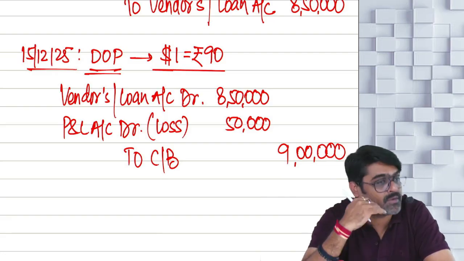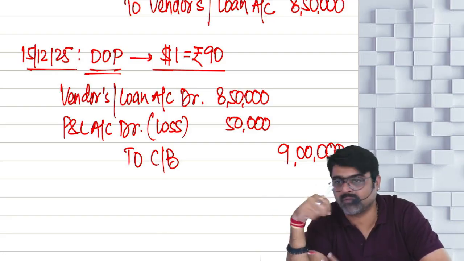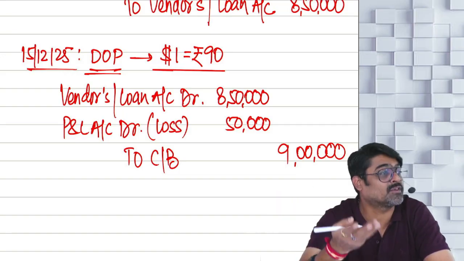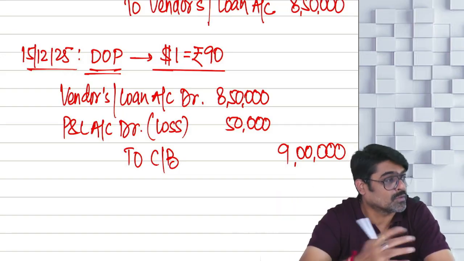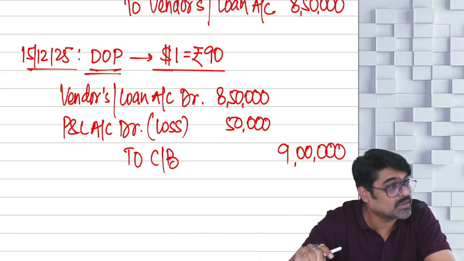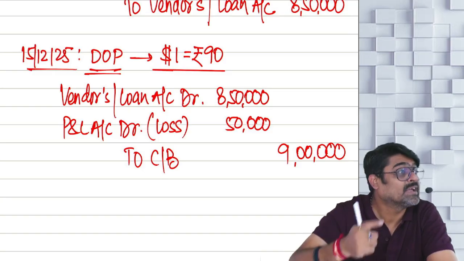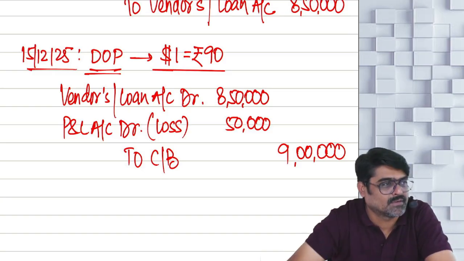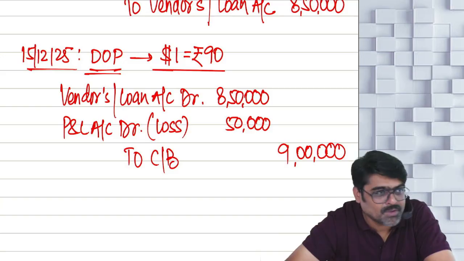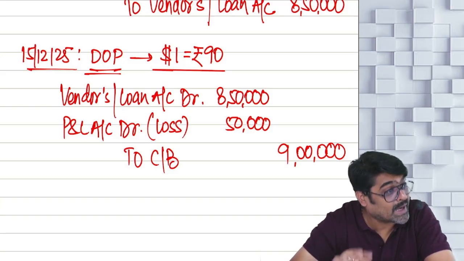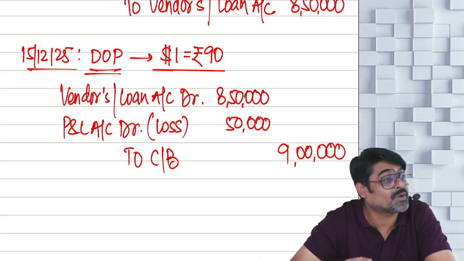So usually what we do in accounting, whenever this type of loss happens, we debit this loss to P&L. We consider this loss as our normal loss. But this loss is happening at the time of payment for the cost of the asset. So this you cannot debit to P&L, you will have to debit it to the asset. You will have to add this loss to the cost of your asset.